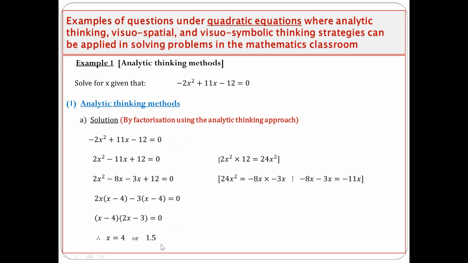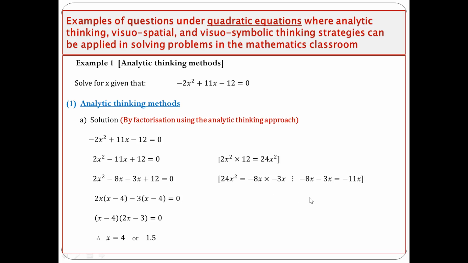So we have 5 steps that we went through in solving this equation by factorization using analytic thinking. You are going to see that when we factorize using the visual symbolic thinking approach, it's much shorter and quicker, and you get the answer in a few steps.